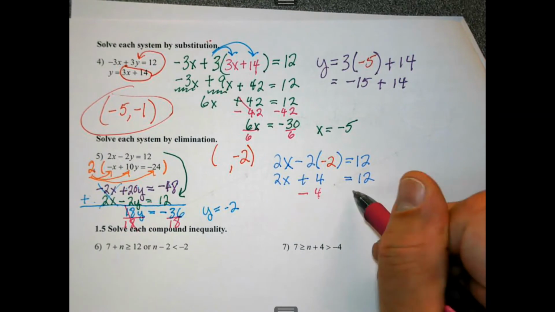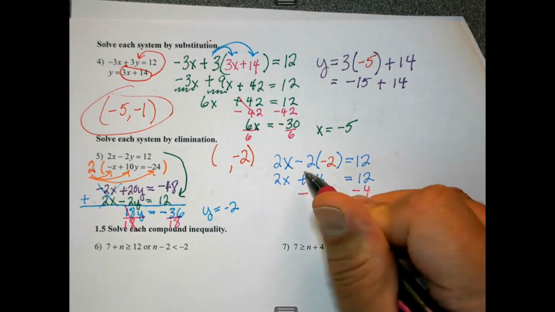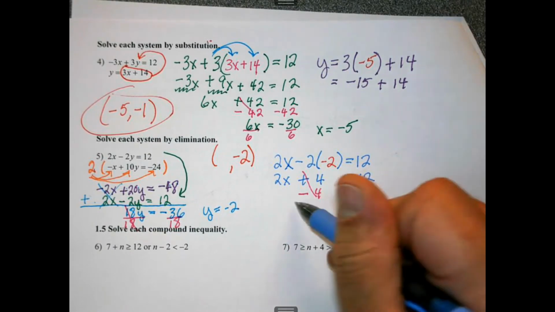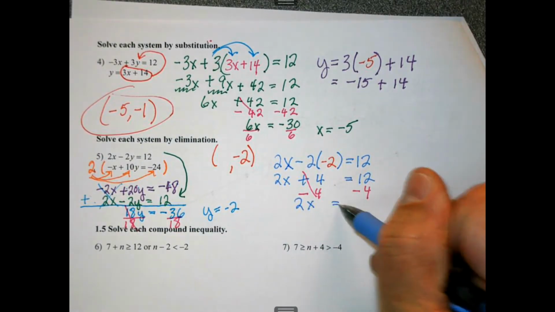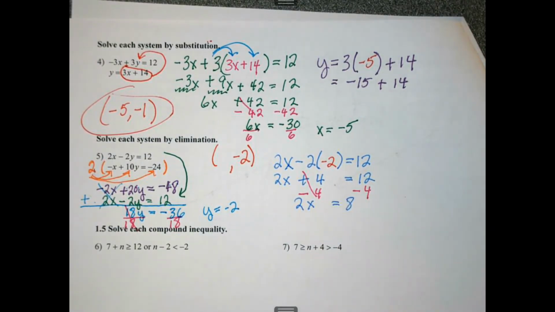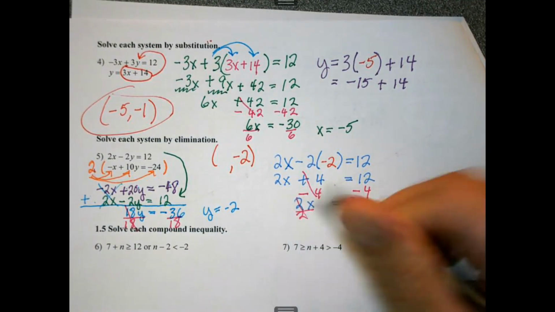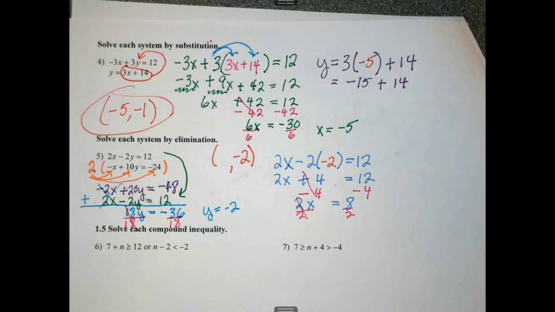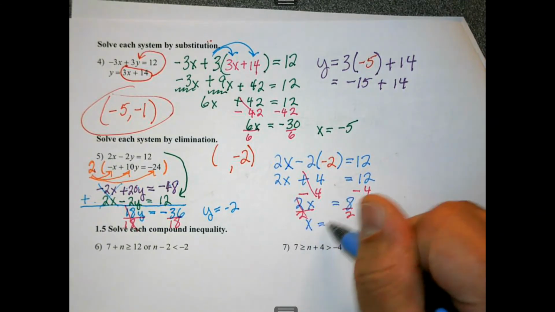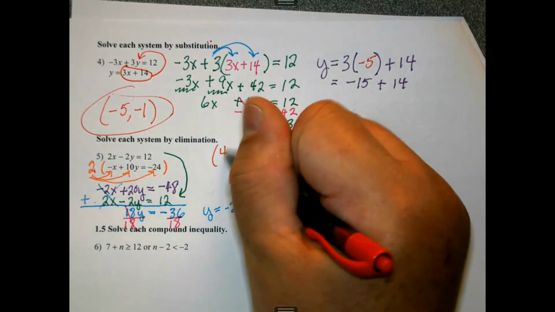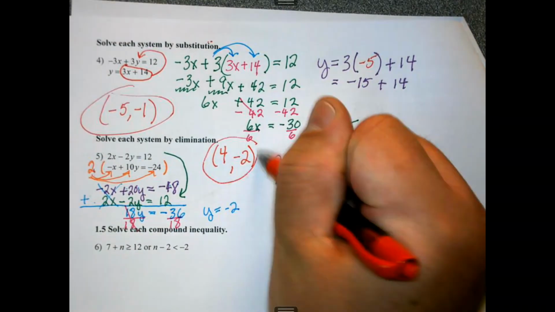Subtract 4, subtract 4. I get 2x equals 8, and then divide by 2. x is going to equal 4. So they intersect at the point 4, comma, negative 2.